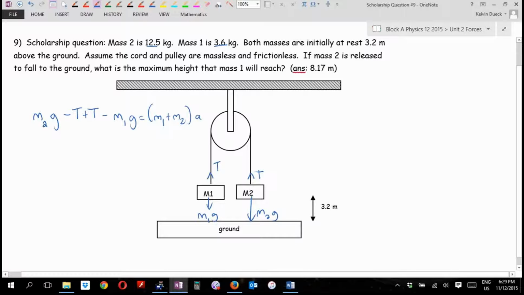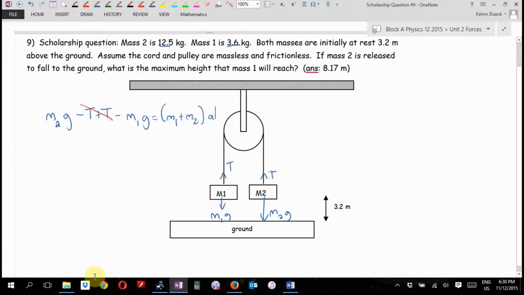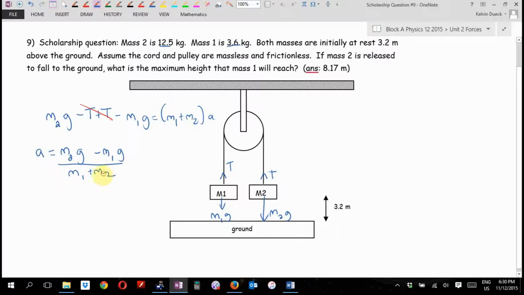So far, so good. Tension cancels. And I'd like to find the acceleration. Well, the acceleration is going to be m2 g minus m1 g all over m1 plus m2.